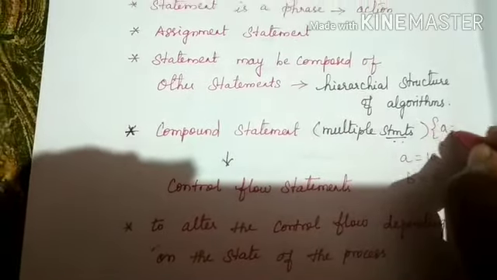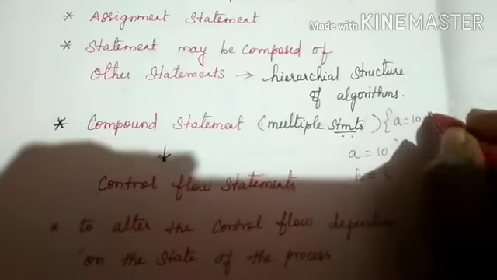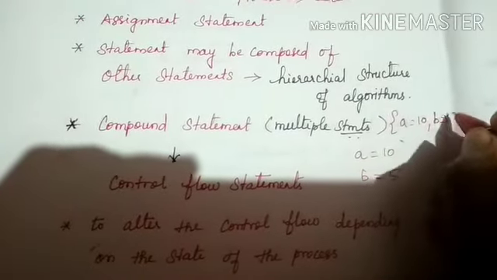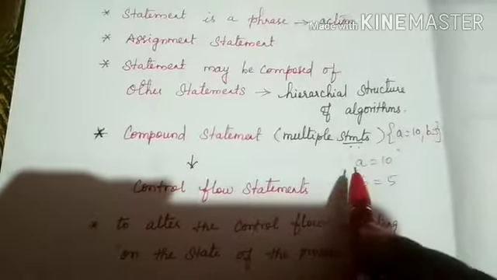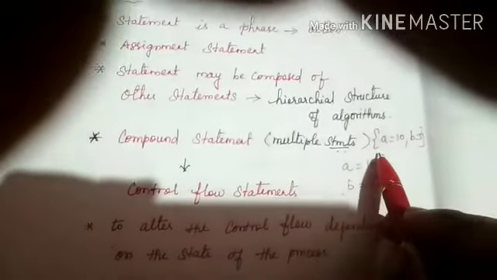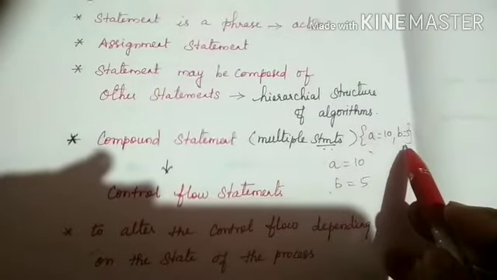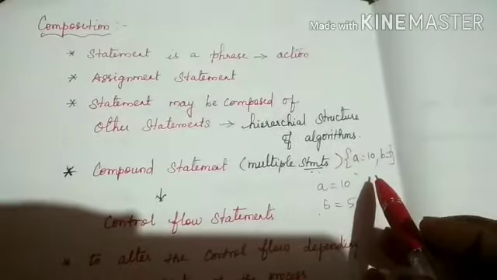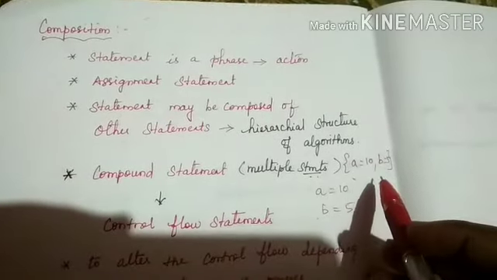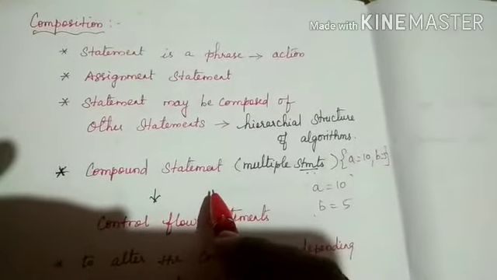So here two statements are there. Within a curly brace we declared them within a single statement. This is named as compound statements. More than one statement is combined here. That is named as compound statements.